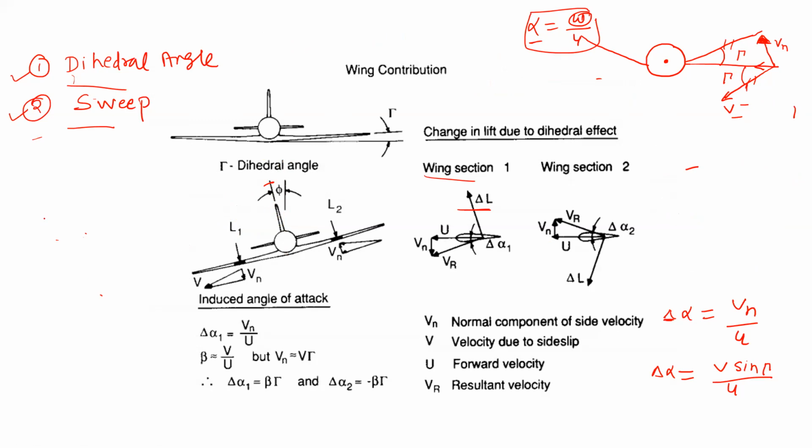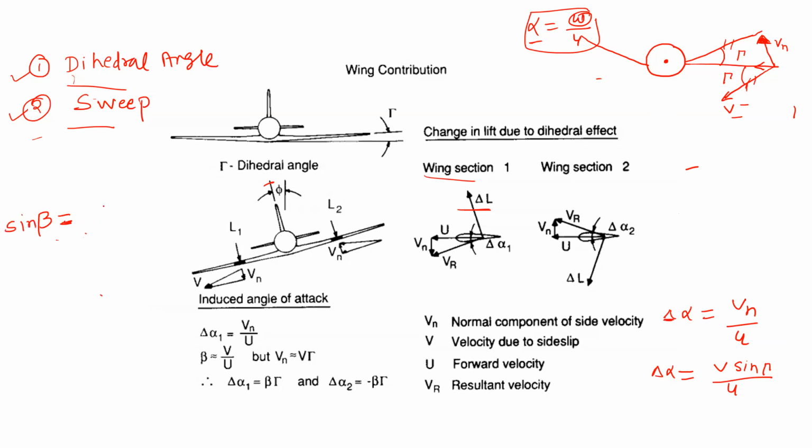So what you can do is, beta is generally defined as, what is the definition of side slip angle? Anyone? I need an expression, not words. How would I define beta? Can you recall any expression?